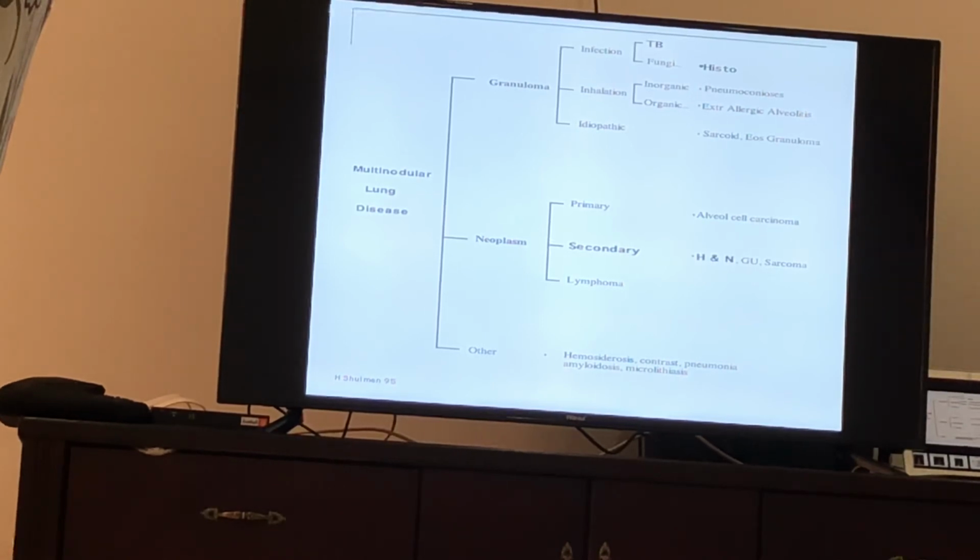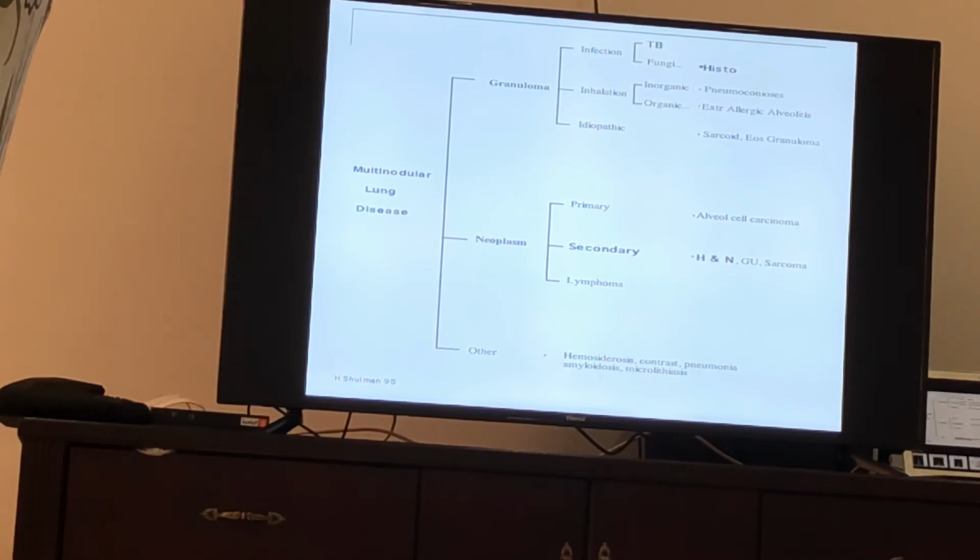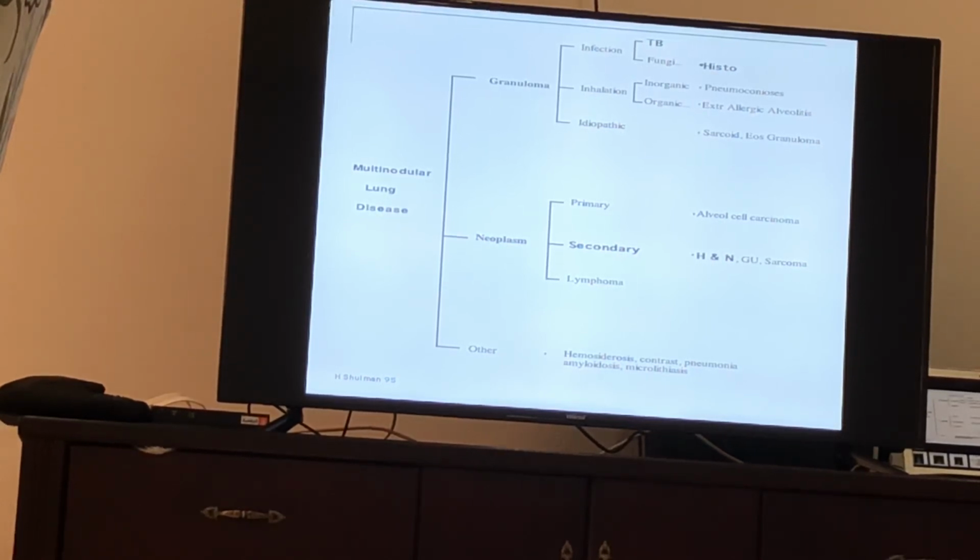Both have the same main common causes: TB, histoplasmosis, and nodular sarcoid, which is rare but can present nodular in the same way. But it's rare, not common.